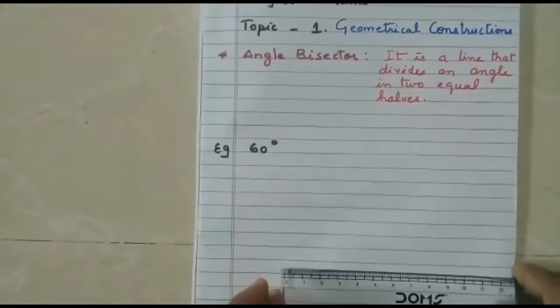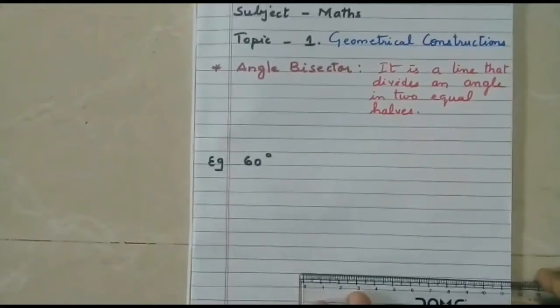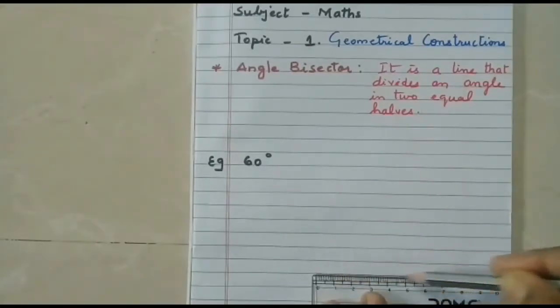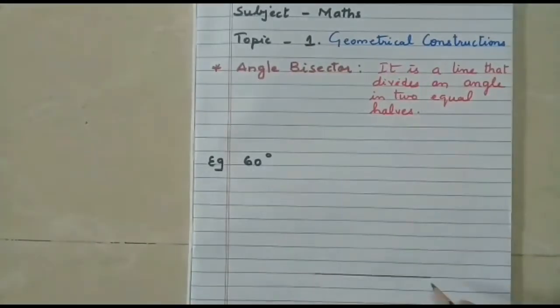So what you have to do is take a ruler and draw a ray. I'm not measuring, I'm just drawing a ray.